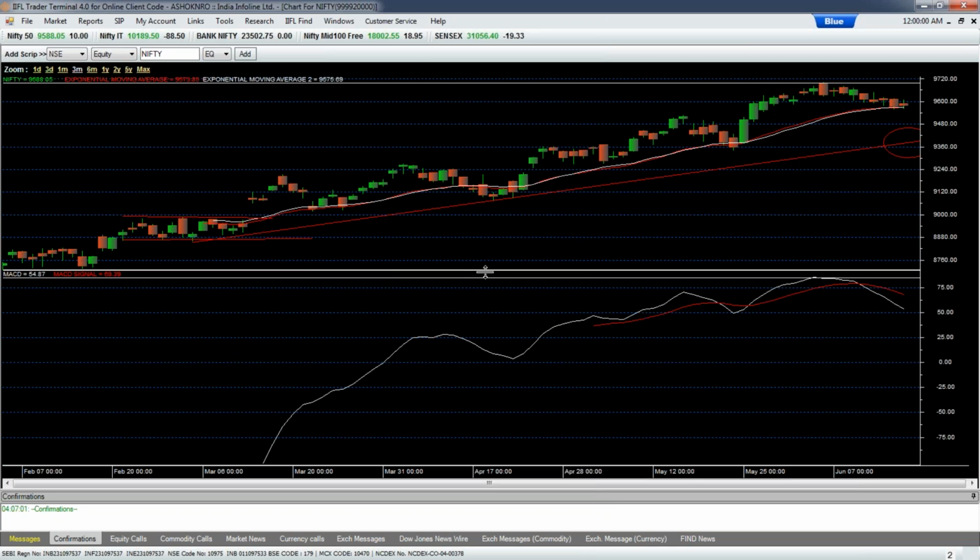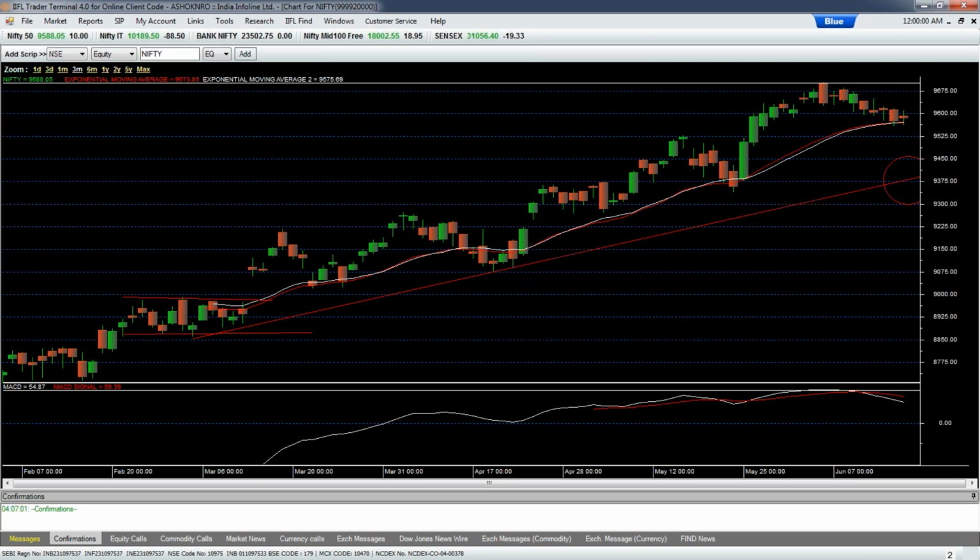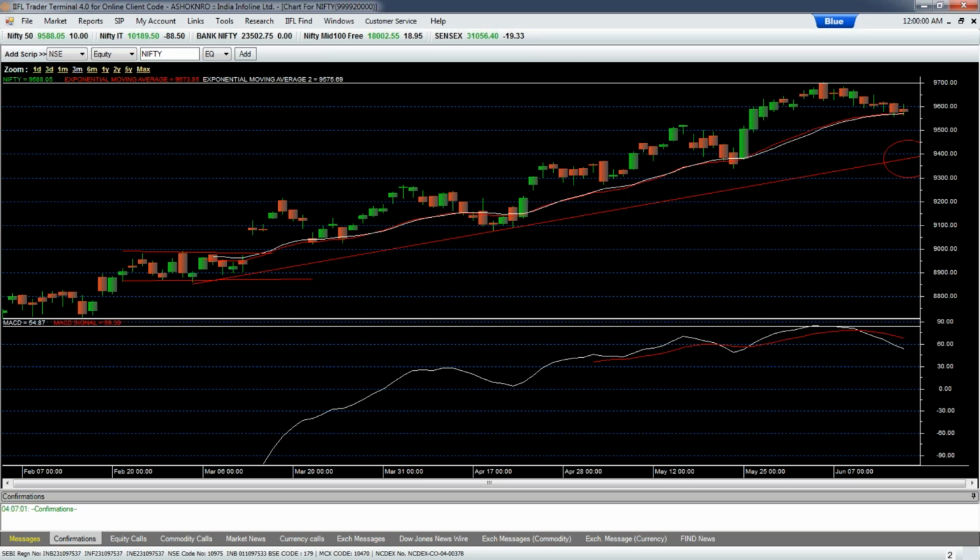Okay, so MACD is one thing which will help us to understand if the trend is intact. Okay, so since we are looking at a 3-month channel, the trend is kind of moving.